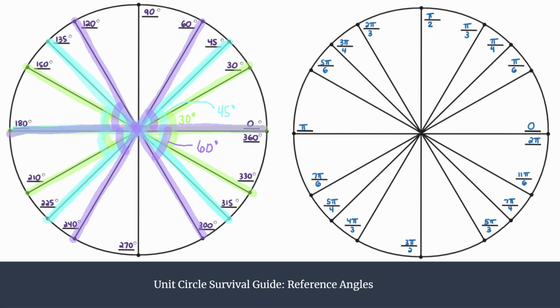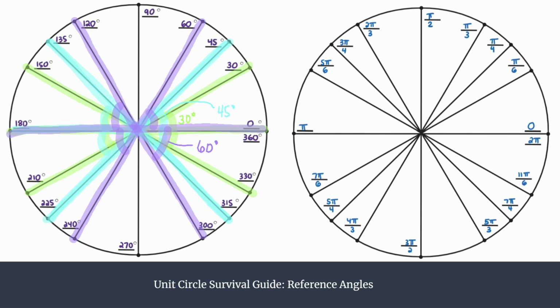Knowing about reference angles will really pay off when you are evaluating exact values, because you can know your first quadrant angles and coordinates and simply find the reference angle for an angle that's outside of the first quadrant. Use the reference angle and your knowledge of the first quadrant to find whatever value you're looking for.